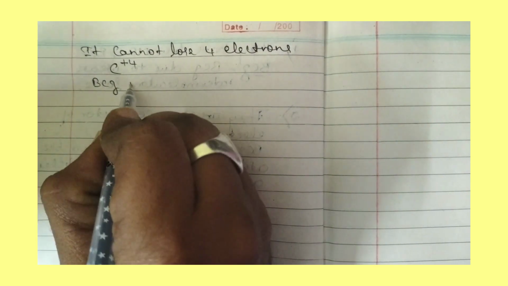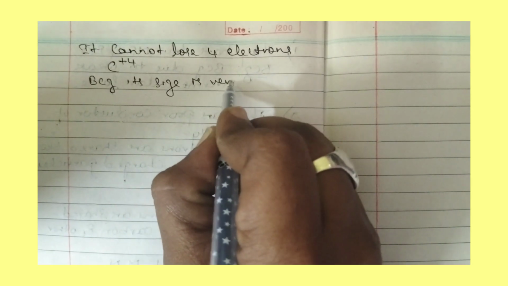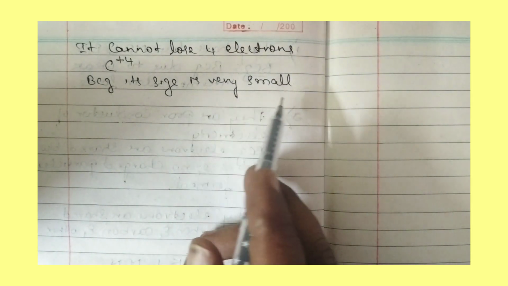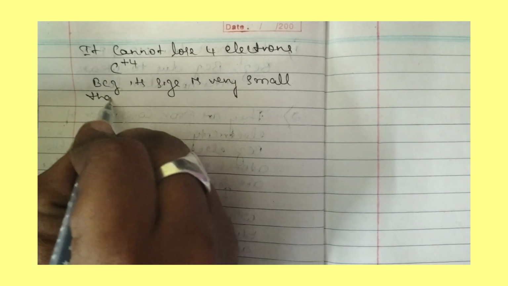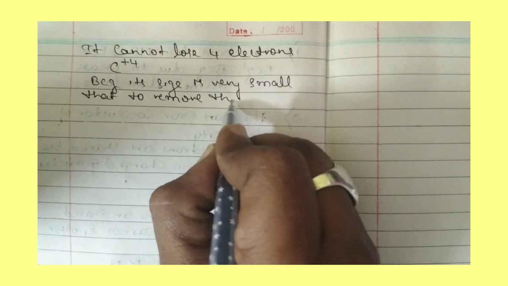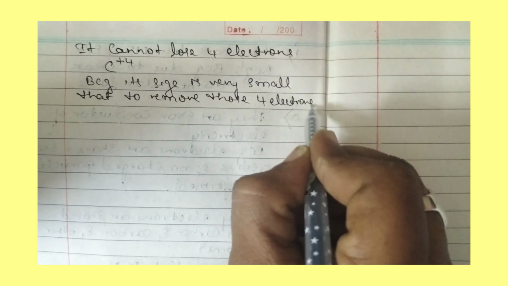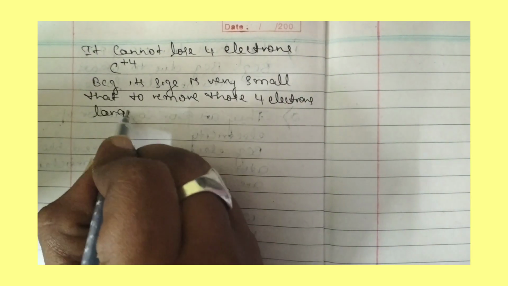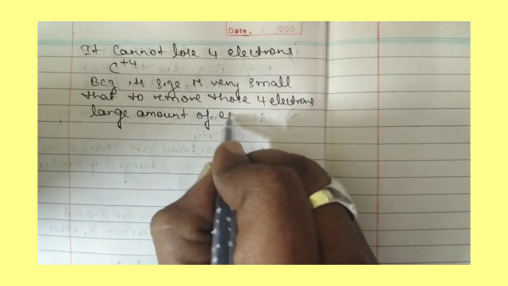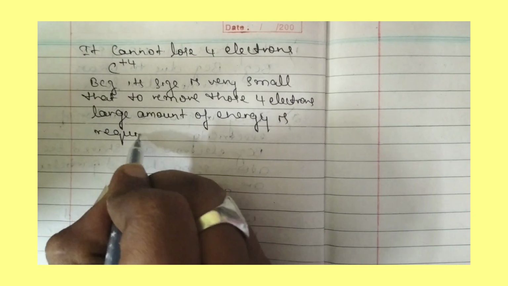Because its size is very small. The size of carbon is very small, so to remove those 4 electrons a large amount of energy is required, which is not possible.